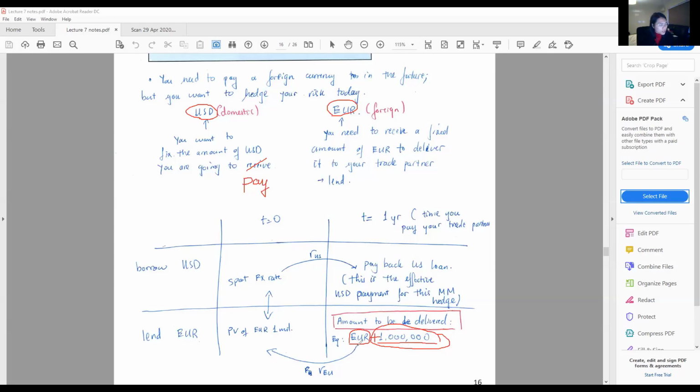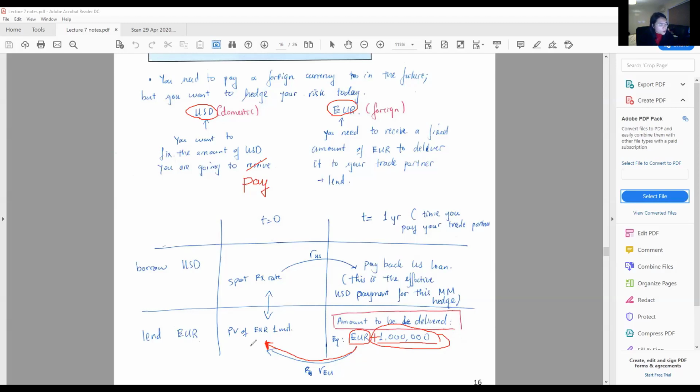So to have €1 million in the future, one way I can have that is that at the current time, at time zero, I can invest in Europe, in a money market in Europe, so that in the future, my investment will yield €1 million, okay?